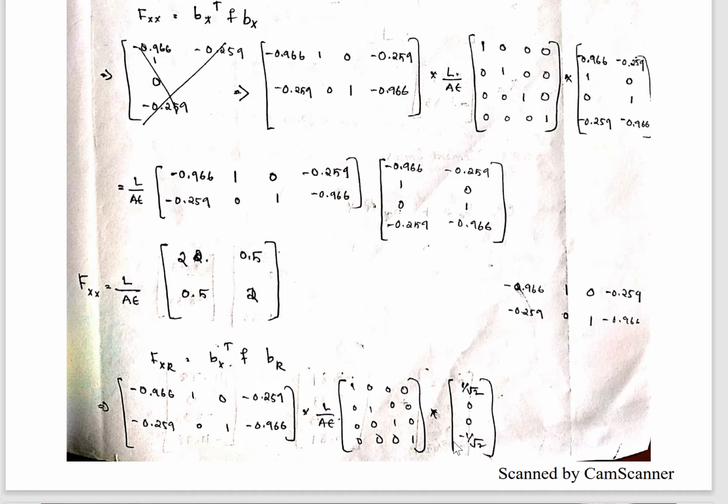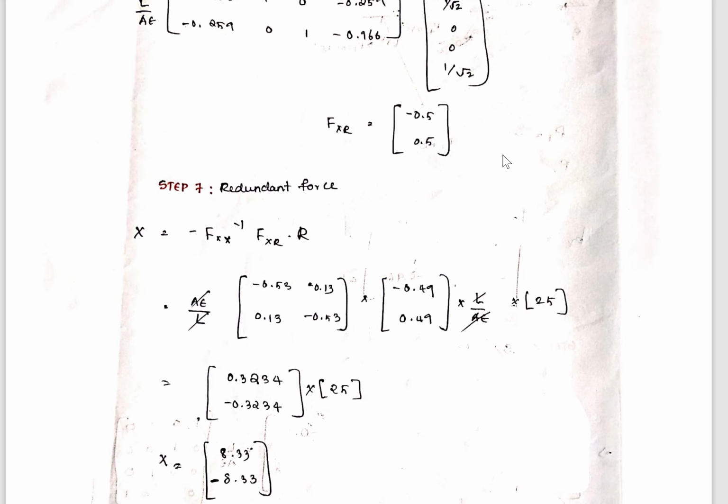So this is our Br matrix. So Bx transpose into small f into Br gives our Fxr matrix. And in the question we have taken L by AE as unity. So Fxr is equal to minus 0.5, 0.5. These are the coefficients in the matrix Fxr.